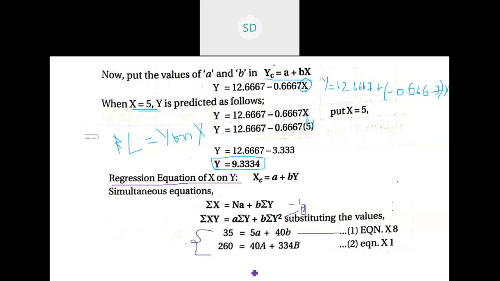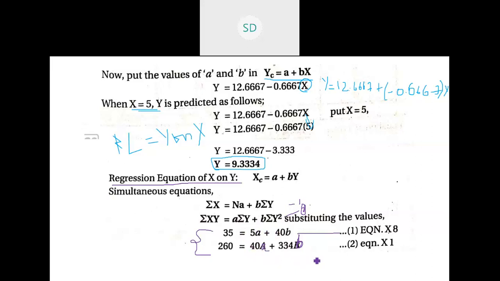To solve it simultaneously, we have to again make one of the expressions equal. So here this is small a and small b. Just correct it as small a and small b. They are not capital A and B. Okay. So to make one variable same, if you see variable a, again 40 is a multiple of 5, right?